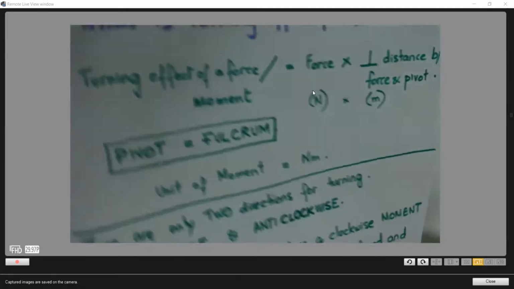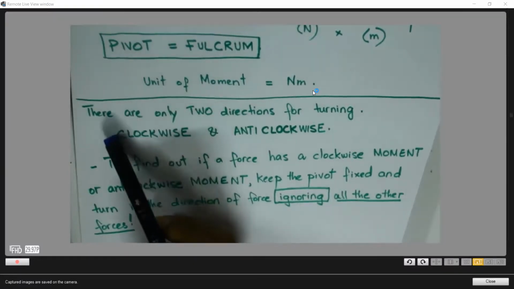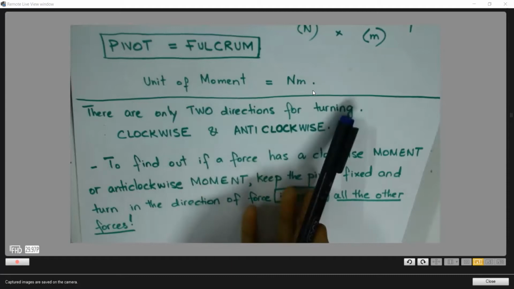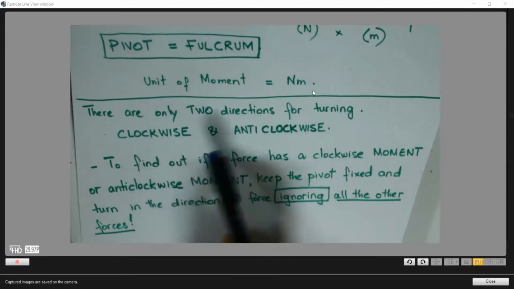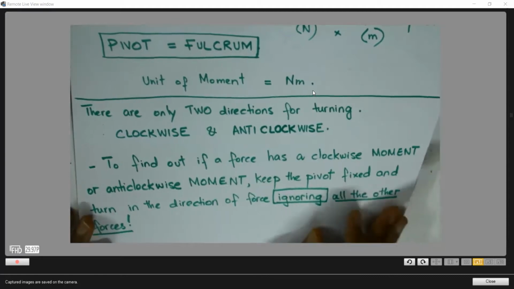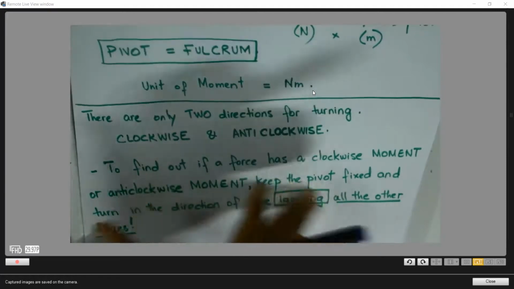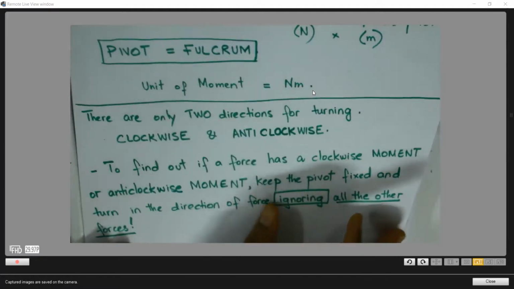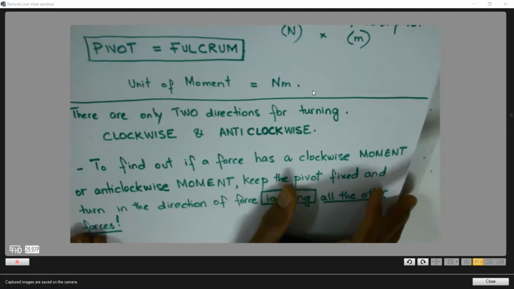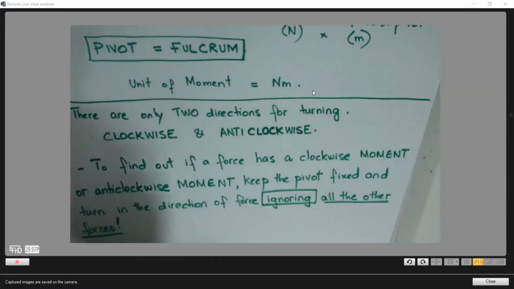Now, another thing is that there can be only two directions for turning, either clockwise or anti-clockwise. And I hope you understand clockwise and anti-clockwise, right? So whenever you decide, and we will discuss in a moment how we will decide, imagine a clock in front of you, in your mind.